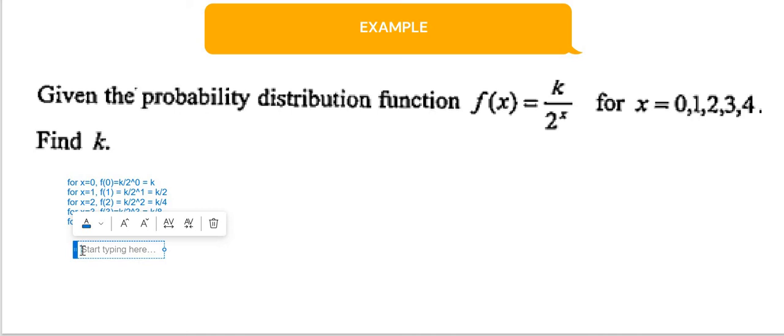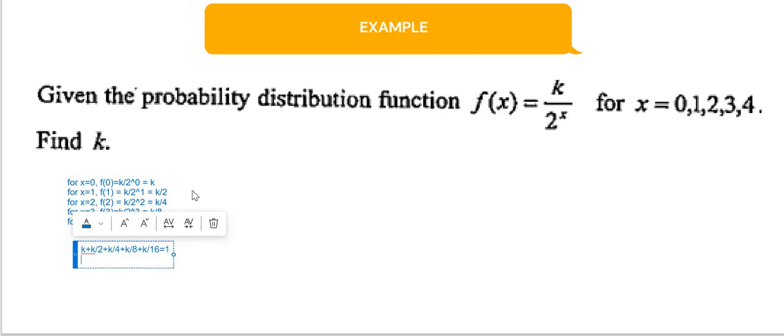Property number 1: the probability must be between 0 and 1, not more than 1. And the second: the total of all must be 1. So you need to total up all this: k plus k over 2 plus k over 4 plus k over 8 plus k over 16, and this equation must be equal to 1.